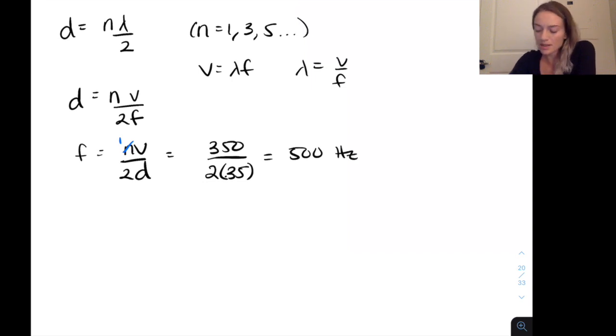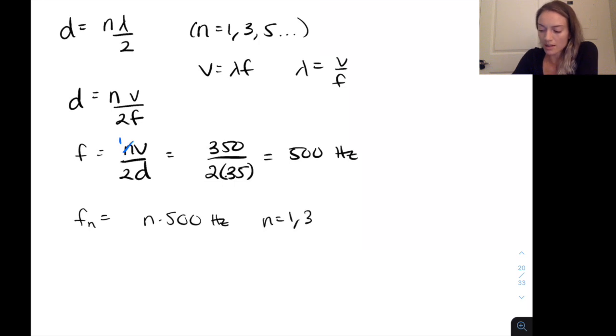So our answer for the frequencies will be n times 500 hertz, where n is an odd integer: 1, 3, 5. So we have 500 hertz, 1500 hertz, 2500 hertz, etc.